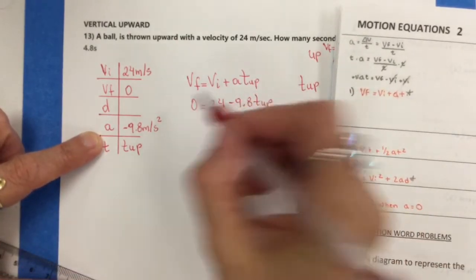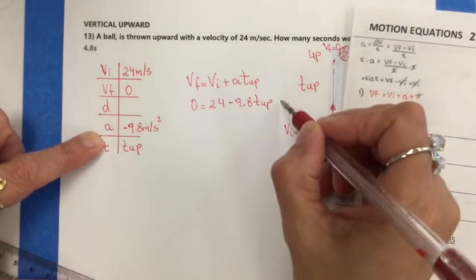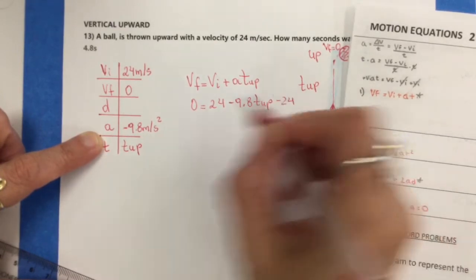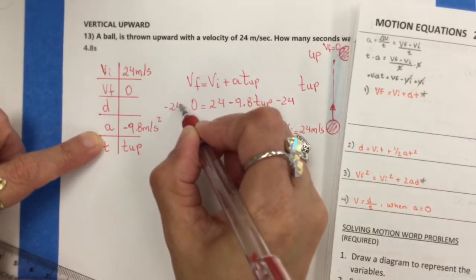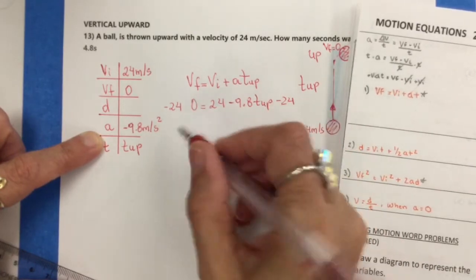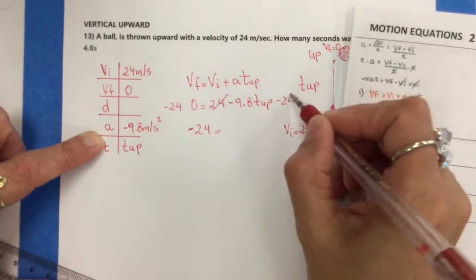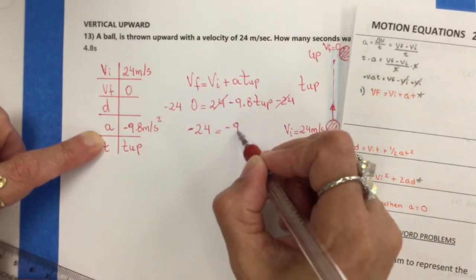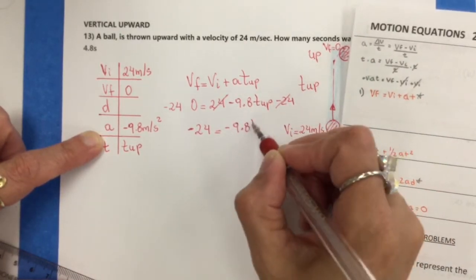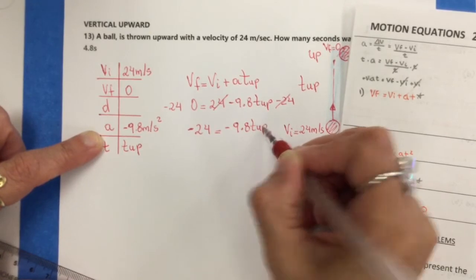So now, subtracting 24 on both sides, we are going to have here minus 24, and then you cancel those two, negative 9.8 T up.